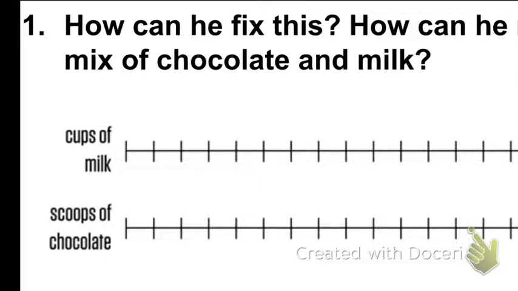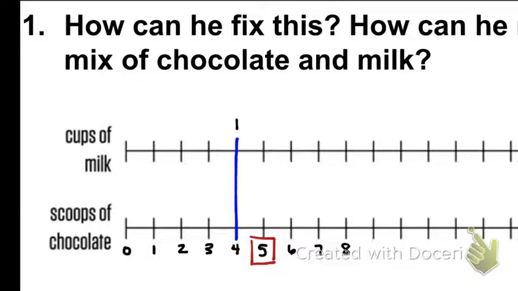So adding another cup of milk, we have 2 cups total. Here, let me draw this up. So scoops of chocolate, we've got 0 and 1, 2, 3, 4, 5, 6, 7, 8. 4 scoops of chocolate is supposed to go to 1 cup of milk, right? He's sitting right here.